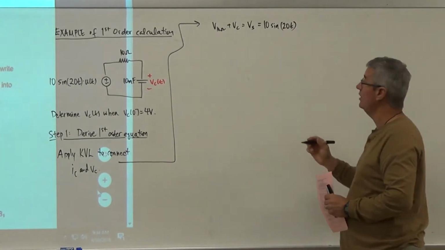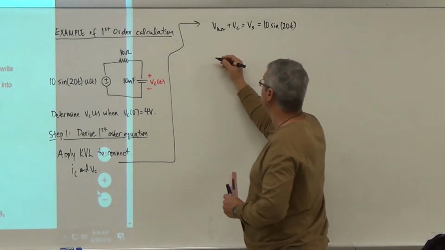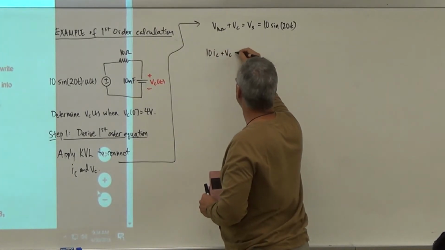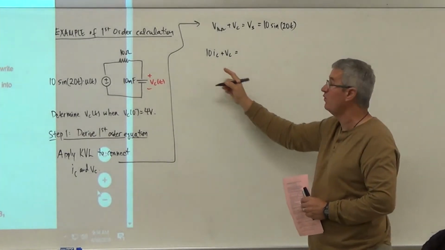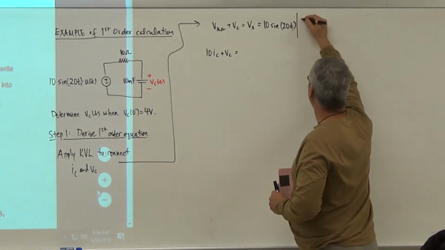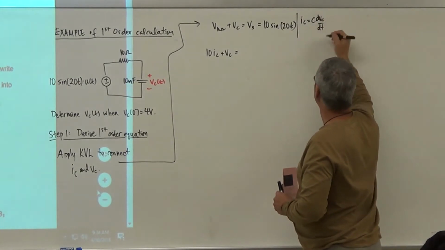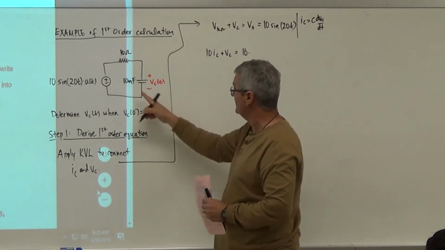So what do I do? I've got to convert that 10 ohm resistor into a current. So I'm going to say that this is 10 IC plus VC, and then I've got to rewrite IC in terms of what? IC has to be C dV/dt. So I'm going to plug that in here. So I'm going to get 10. What's the capacitance here?